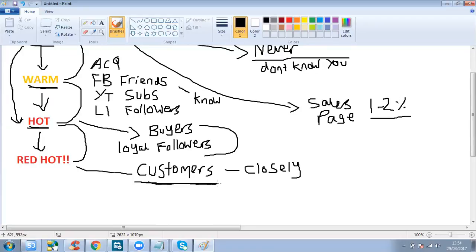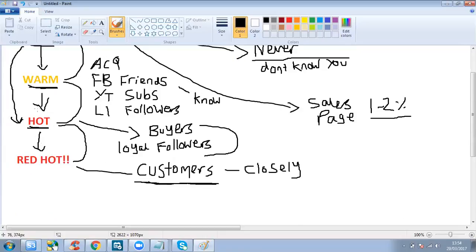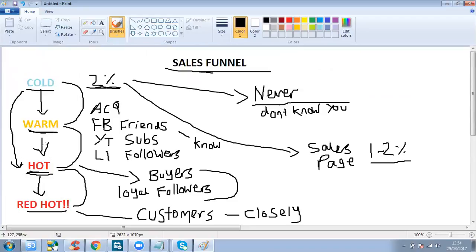And this is basically how the sales funnel works. You take the traffic from cold to warm to hot to red hot. Your red hot is your recurring buyers, people who've bought from you over and over again. Your hot is people who have bought from you at least once, or they're engaging with you a lot.